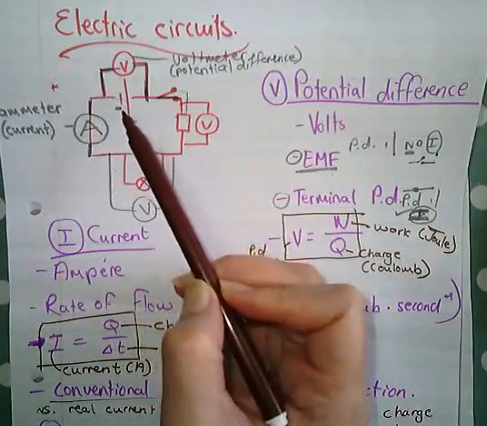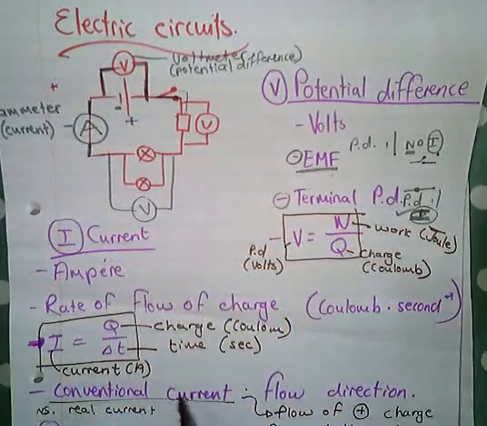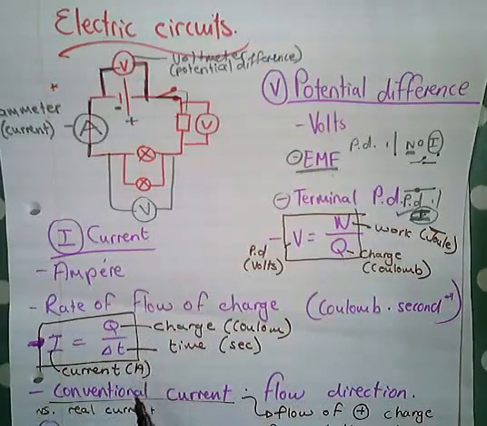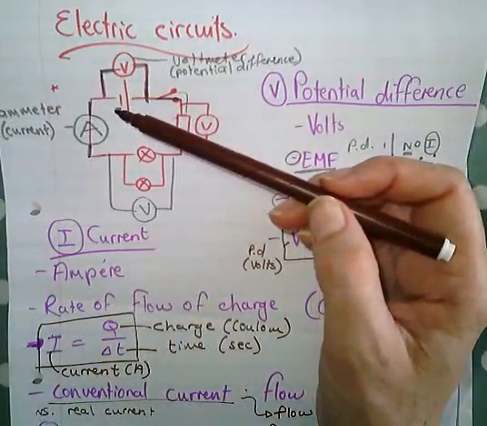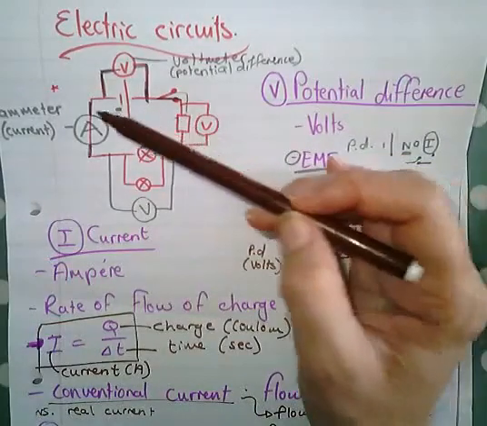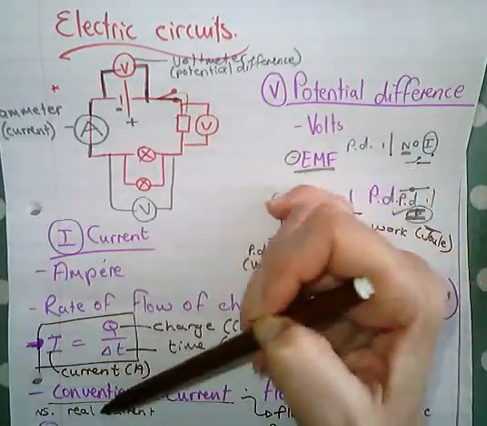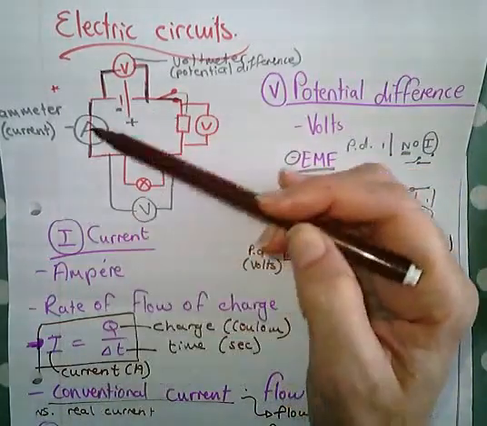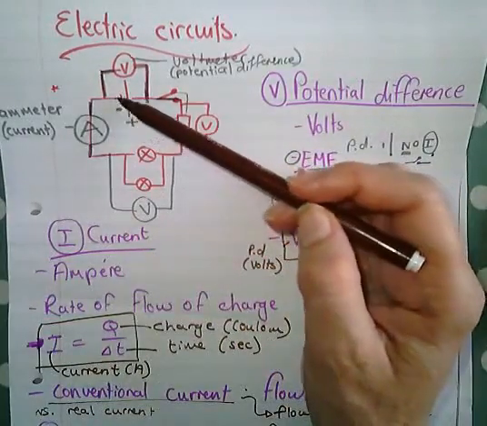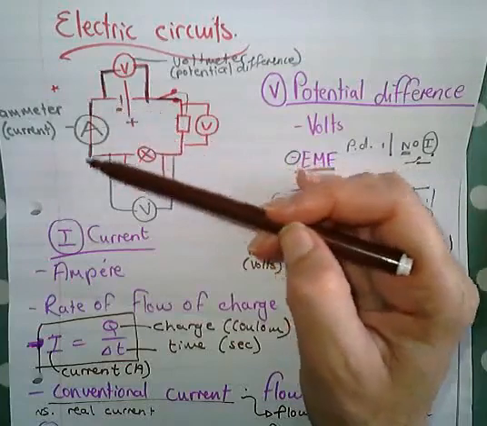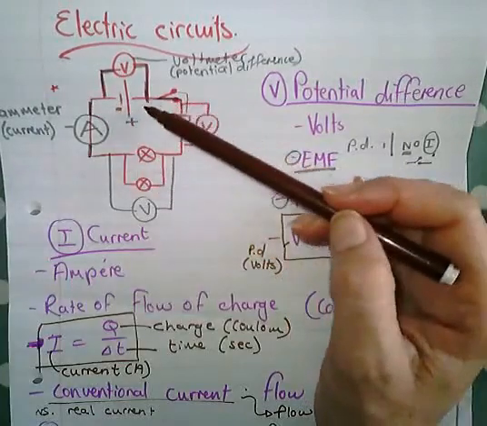Now, real current, we said before, only electrons, only negative charges can move. So real current is actually the flow of negative charges, and they would flow then from the negative part of the battery through the external circuit to the positive part of the battery.